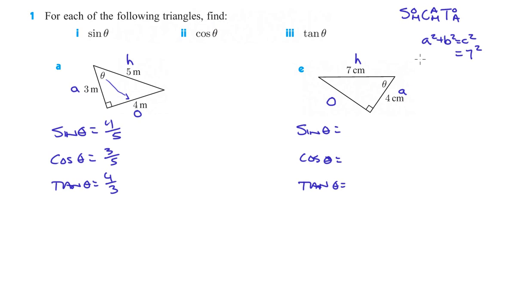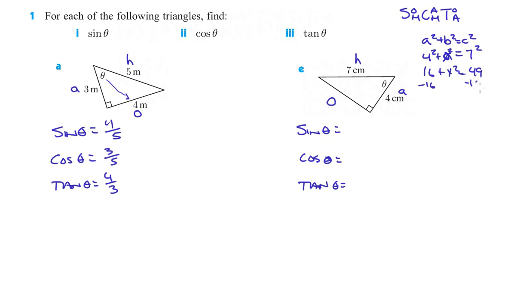And we can say, well, there's our adjacent, so let's do 4 squared plus the opposite side squared equals 7 squared. And that's not 0, that's O for opposite. Let's just do x instead, right? So 16 plus x squared equals 49.